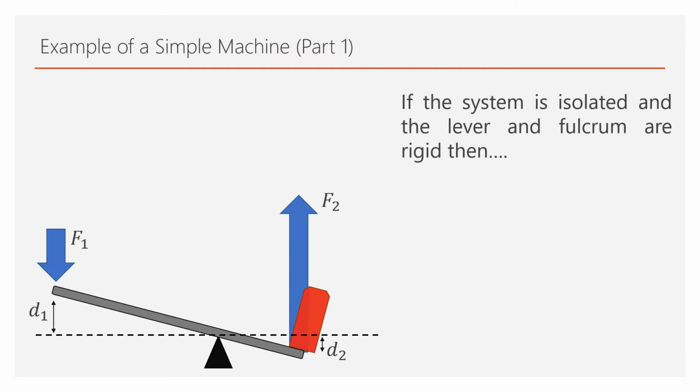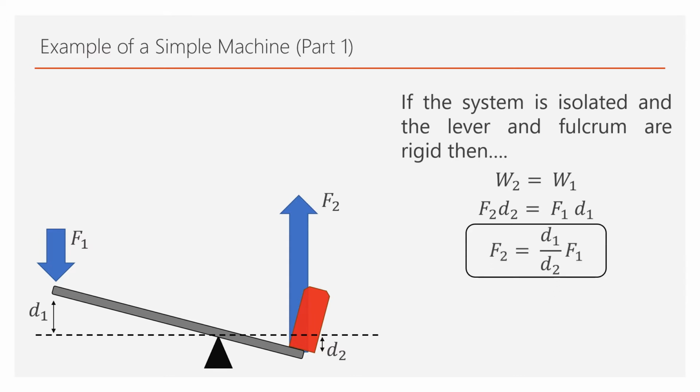If the objects here are rigid and the system is isolated, then the work done by force 1 will be equal to the work done by force 2. We know that work is force multiplied by displacement, so we can use that to solve for the amount of force that can be applied on the right-hand side of the lever, which is just the ratio of the displacements multiplied by the first force.